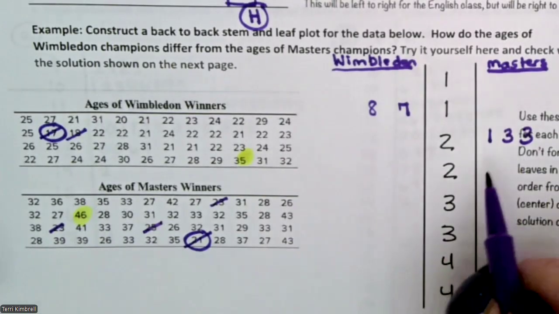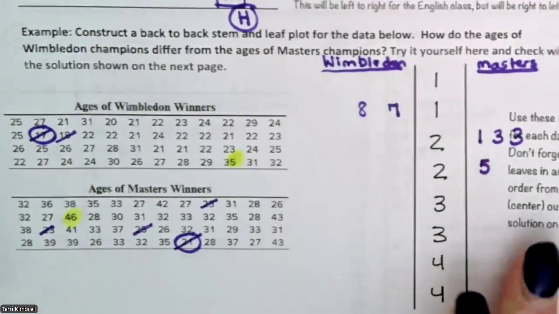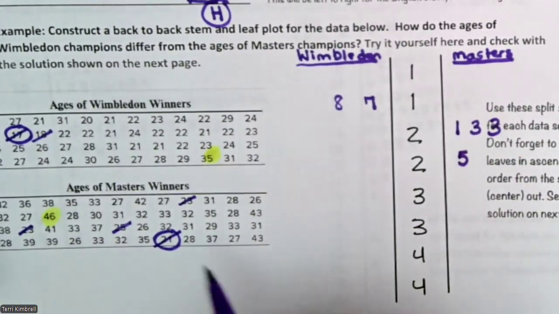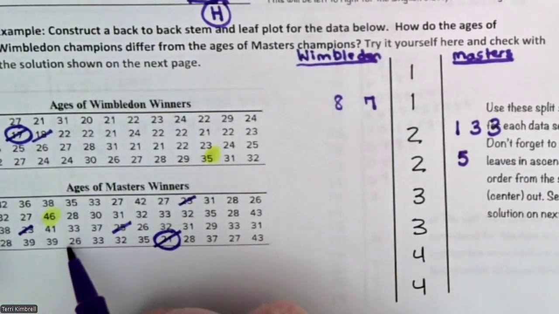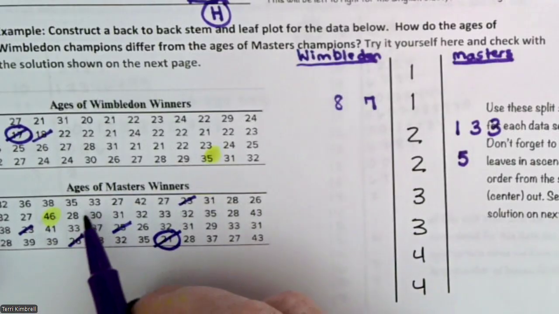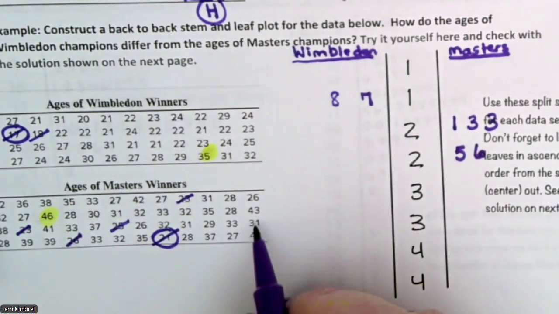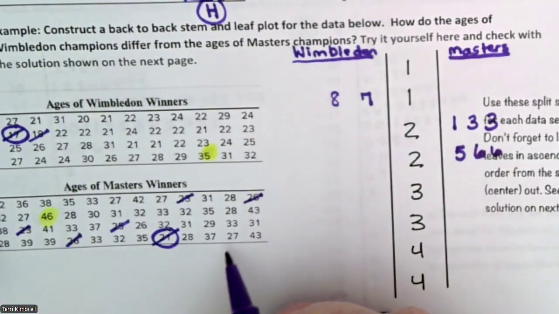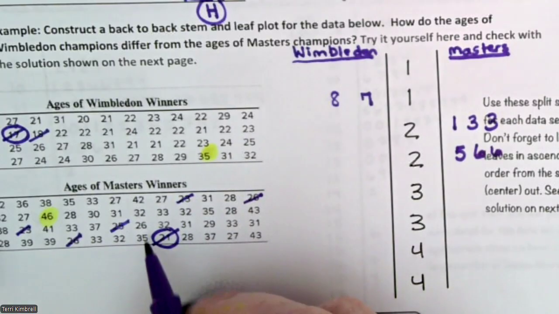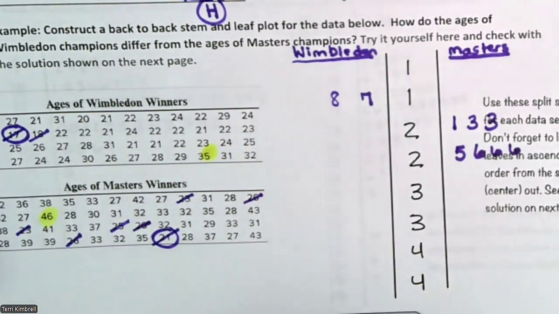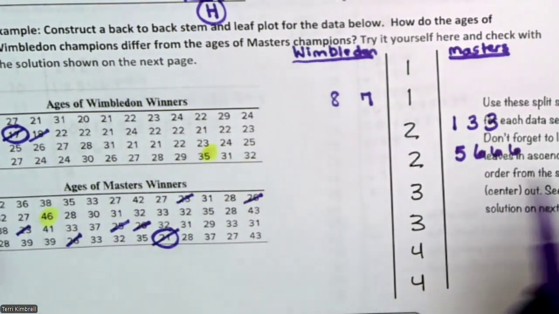There's a 25. That goes on the next row. And then we would have some sixes on this row, 1, 2, 3, and then some sevens, and you would just keep going.